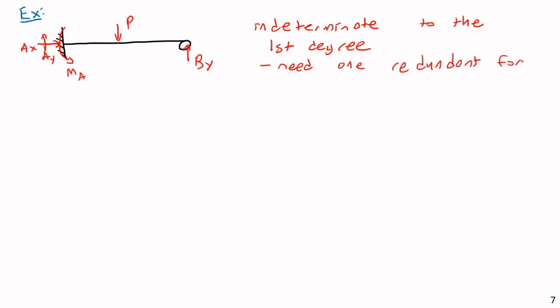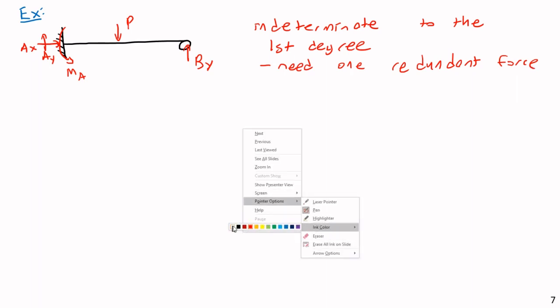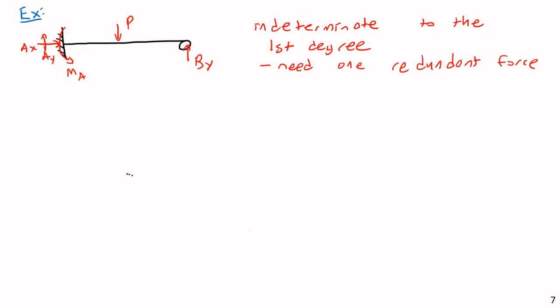Using the principle of linear superposition, let us break this up into a primary beam and a redundant beam.